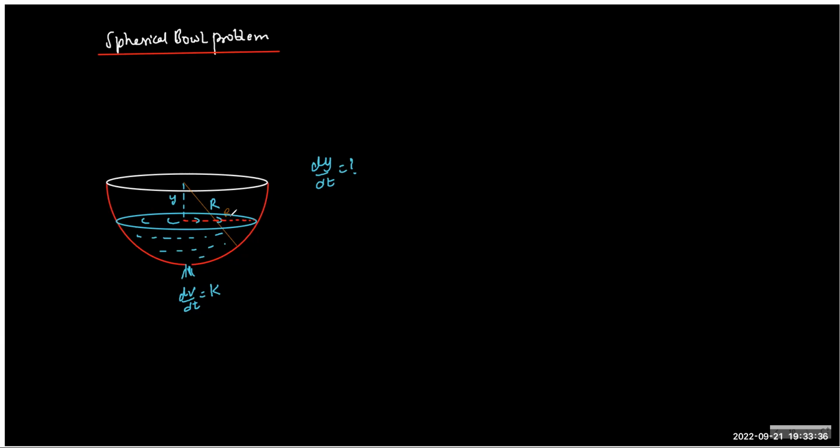If someone has seen the shivling in a temple, they have the leaking vase, and the water drips at a constant rate roughly, isn't it? As the water drips, the level of the water will decrease in the vessel, right? So I'm looking for what is the dy by dt as the water has already dripped till the depth of y. What is the dy by dt at that instant, assuming the liquid coming out is constant? Think about it, then I'll tell you how to answer this.